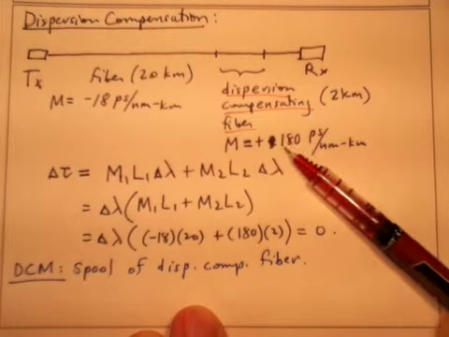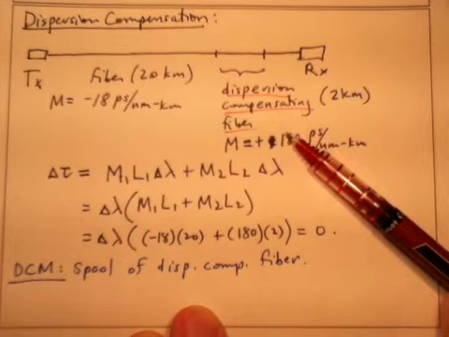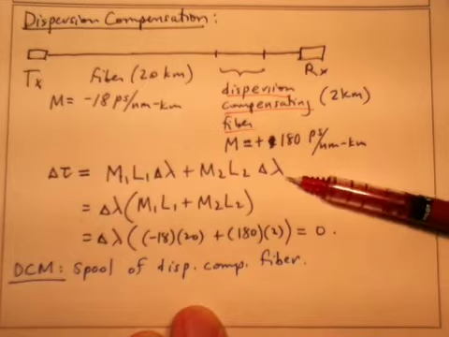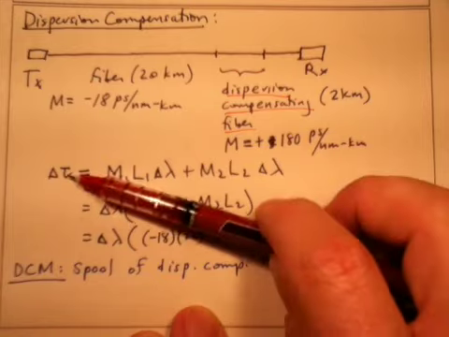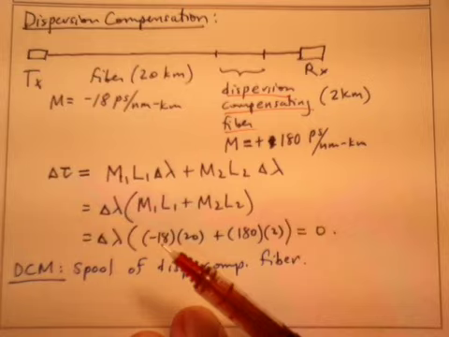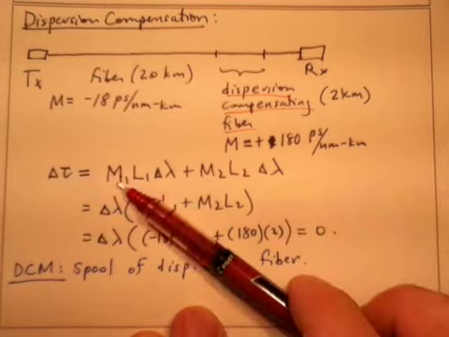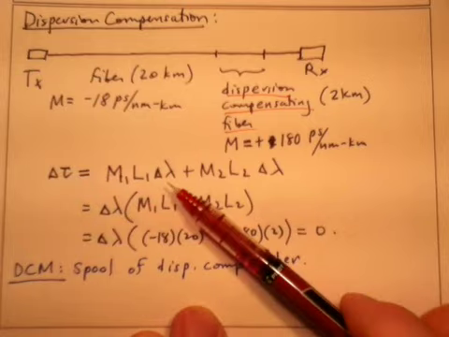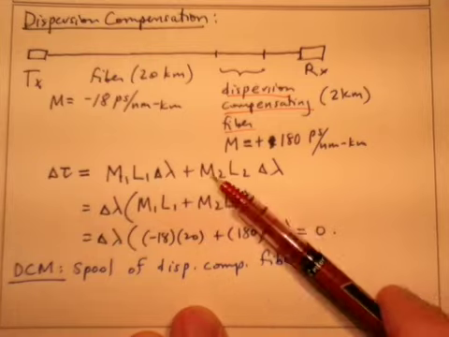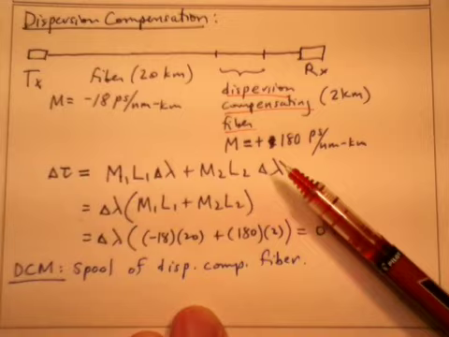Okay? And so I've got 10 times the dispersion and only 1/10 of the length, and you can see here in a simple accounting for the total pulse spread, delta tau, I've got dispersion number 1 times length number 1 times the spectral width of the source plus dispersion number 2 times length number 2 times the spectral width of the source.